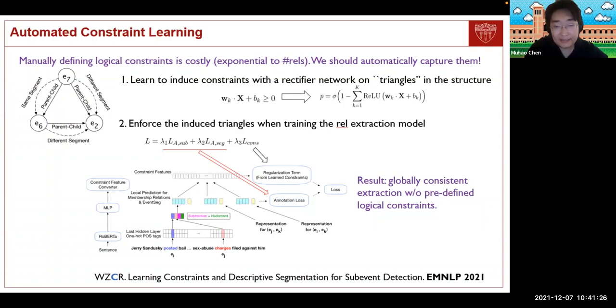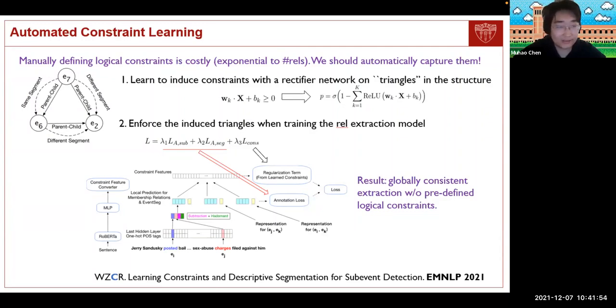So in another EMNLP paper this year, we discussed a way of automatically inducing constraints from the training data of relation extraction. We trained a rectifier network as a regressor, and this rectifier network will iterate over all, you can call those triangles, in the ground truth extractions of the training data, and it will decide the truth values of each possible constraint.